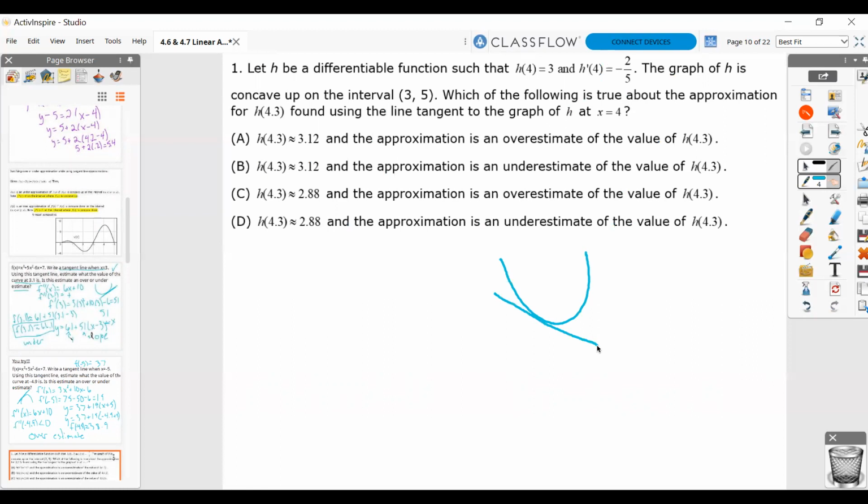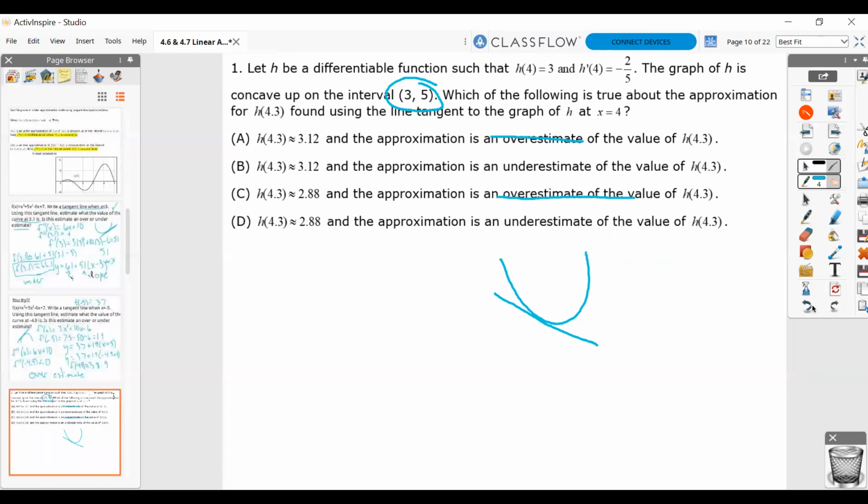So we can get rid of B, or A and C, because those are both dealing with overestimates. It's concave up for this whole interval, 3 to 5, and we know that our point is in between 3 and 5. Which of the following is a true approximation of 4.3?